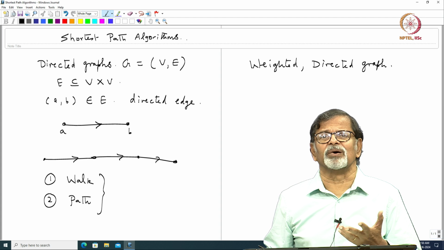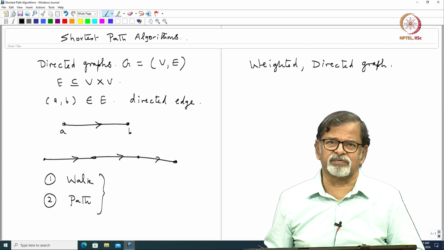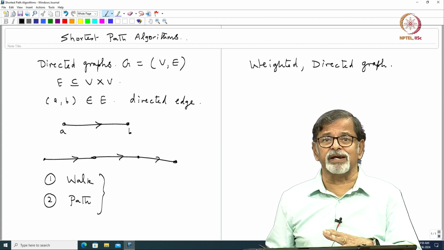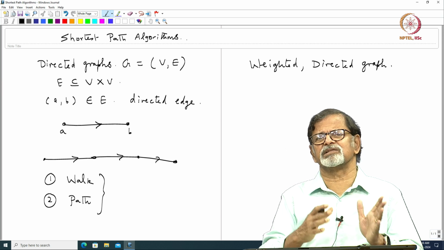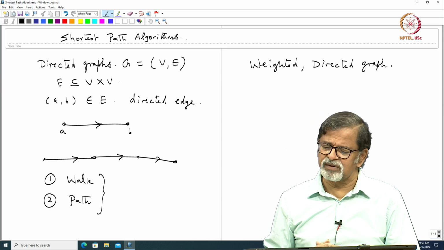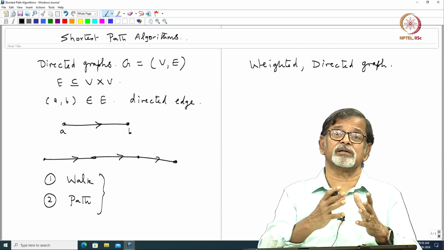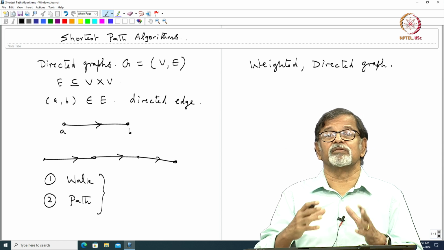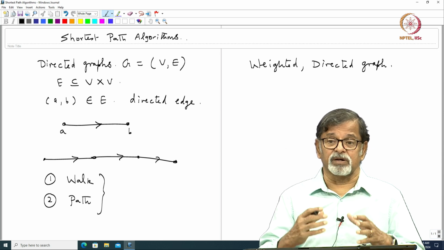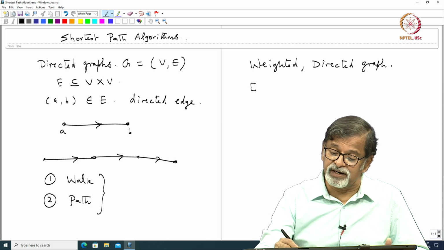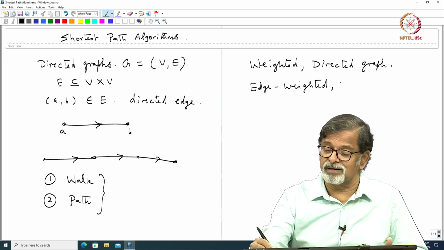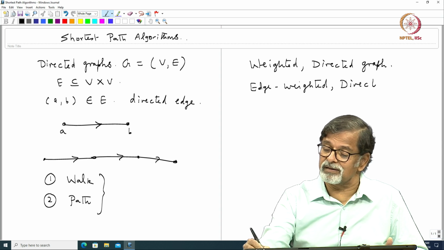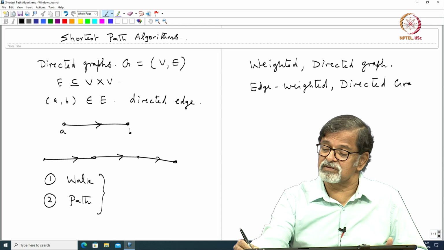When we do that, we call them edge weighted graphs. We may associate the weight, a real number or an integer. A weight is just a real number or an integer. We may associate a weight with vertices, in that case a vertex weighted graph. We are going to look at edge weighted directed graphs.